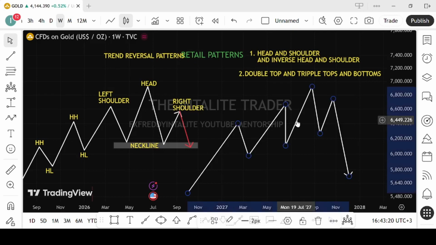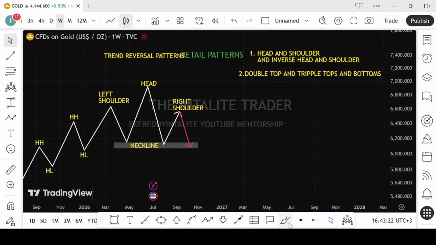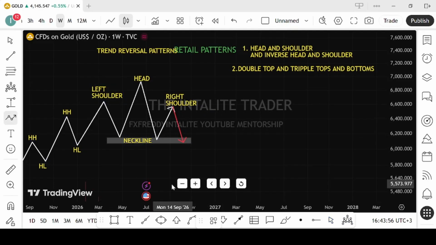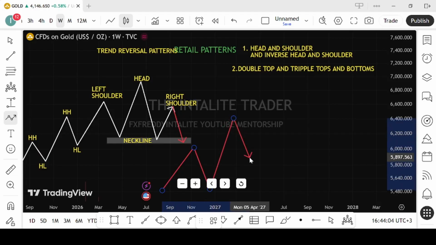Now, the other one is the higher quality pattern of head and shoulder. You have this left shoulder, you have price moving in an uptrend, giving you higher low, higher high, higher low, higher high, and then price comes and gives you a lower low instead of equal lows or higher low.